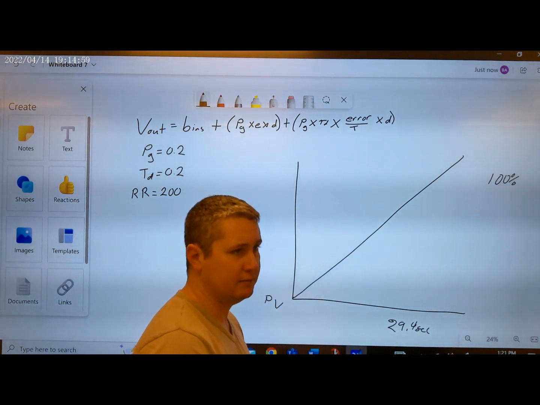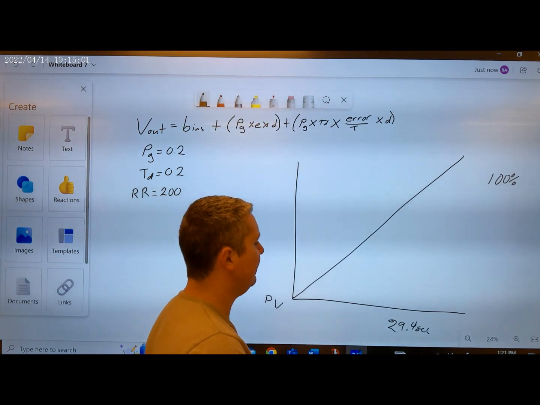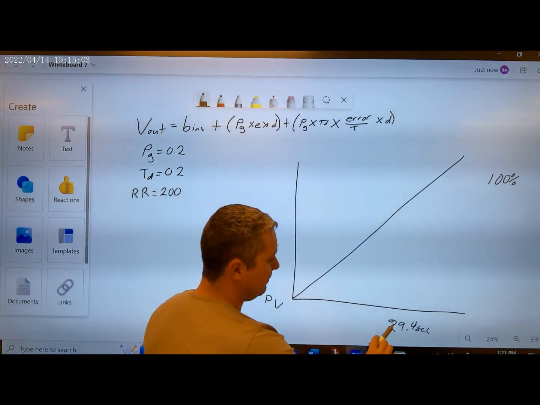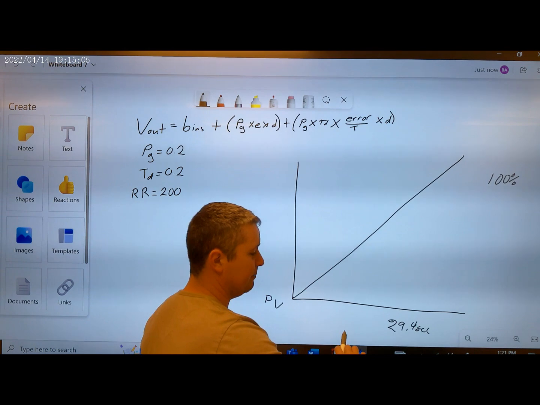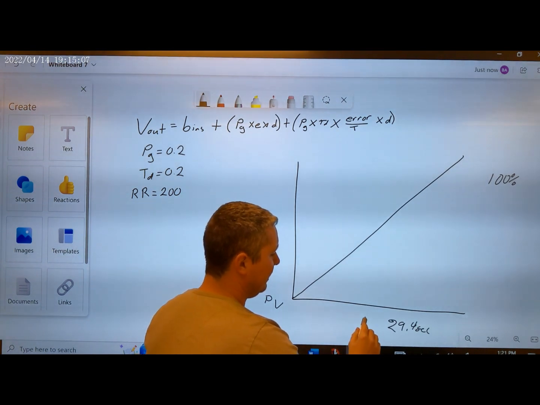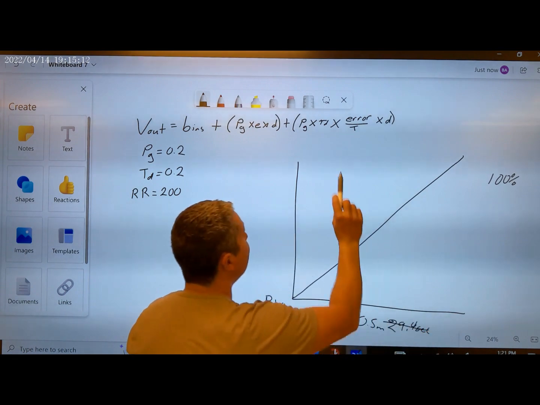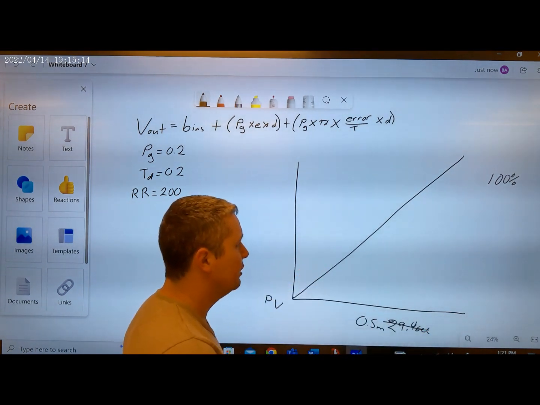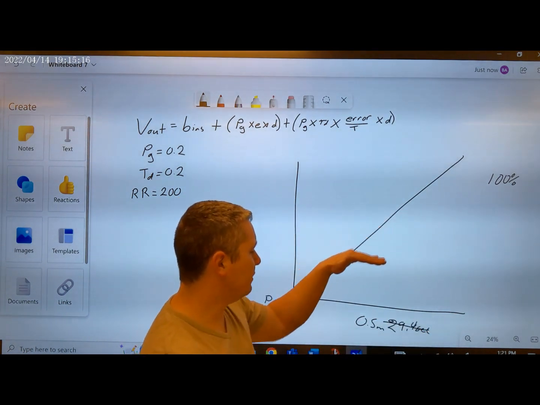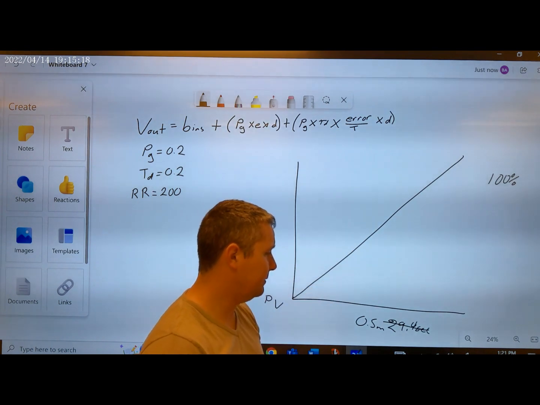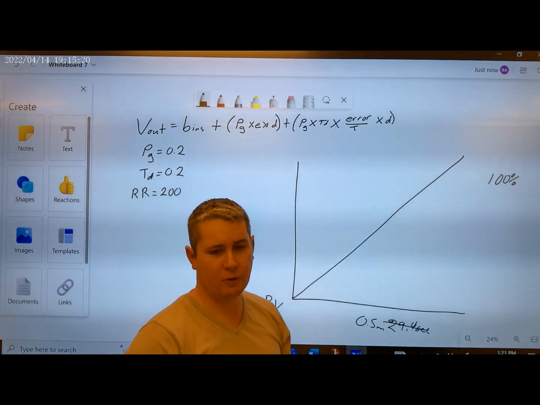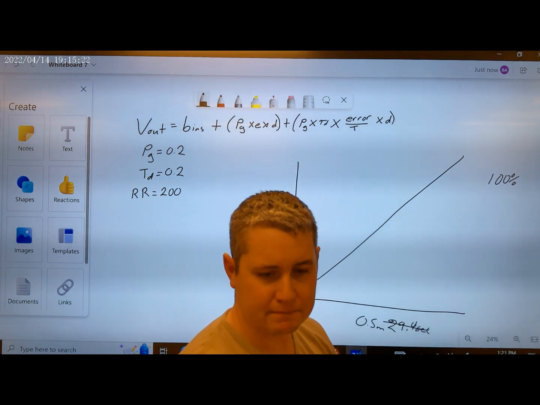What do we have there? What's 100 divided by, that's seconds. We have to convert that into minutes. So it's basically 0.5 minutes. Always keeping that in mind, that time is in minutes. So 100 divided by 29.4. What is that?